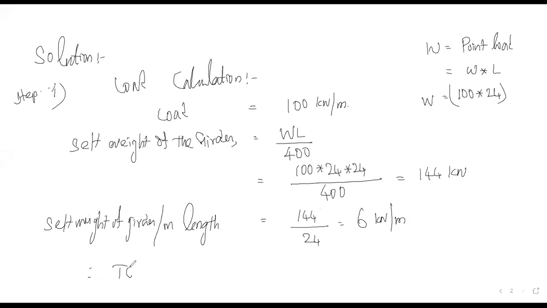Therefore, total load acting on the girder is 100 kilonewton per meter plus self weight of 6 kilonewton per meter, so it becomes 106 kilonewton per meter.